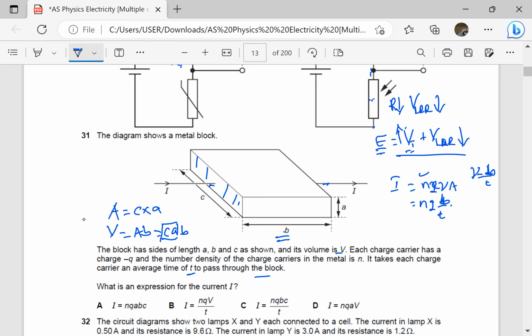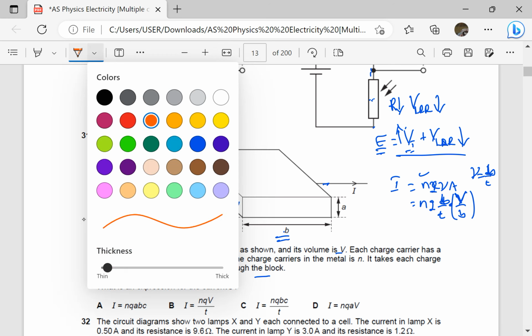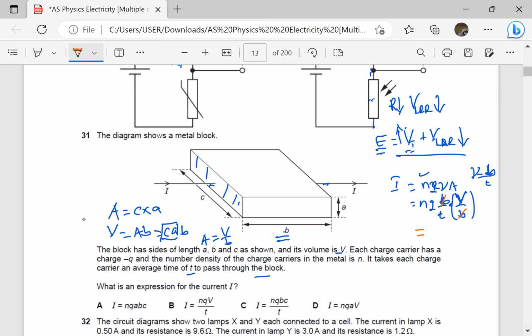In other words, where there is area, I will put volume divided by B. Now I substitute where there is area. Where there is area, I will put volume divided by B. So you will notice carefully that B has cancelled, and therefore the current becomes N Q volume divided by T, which makes our answer precisely B.